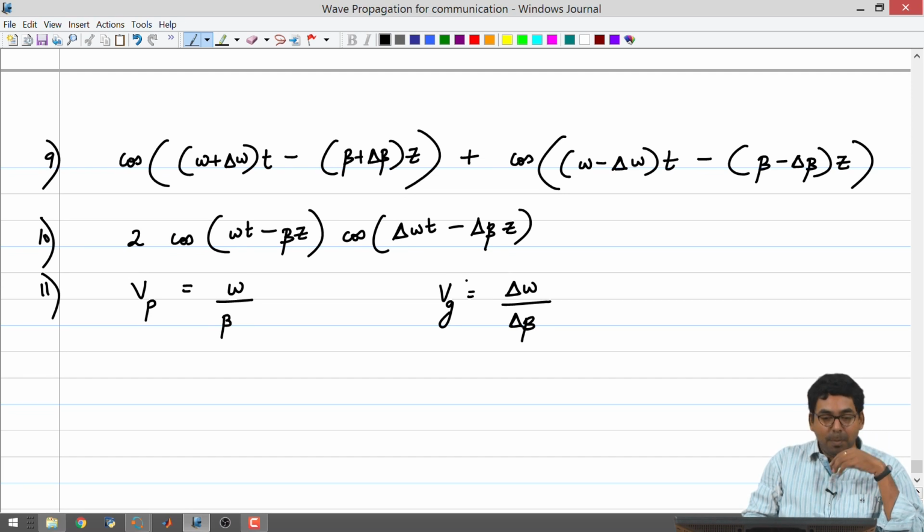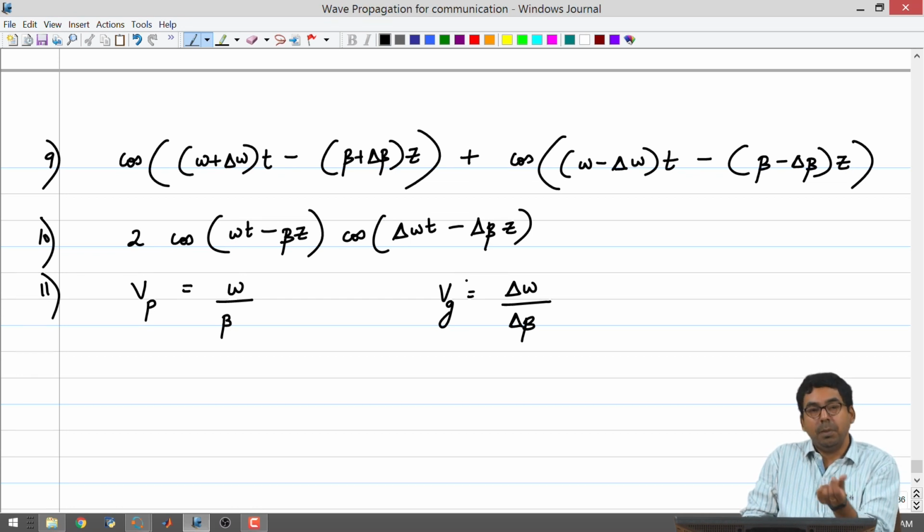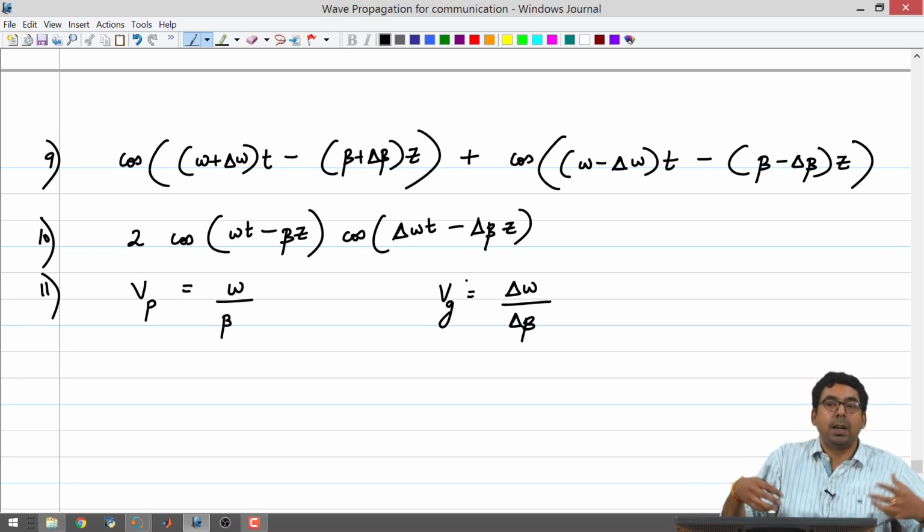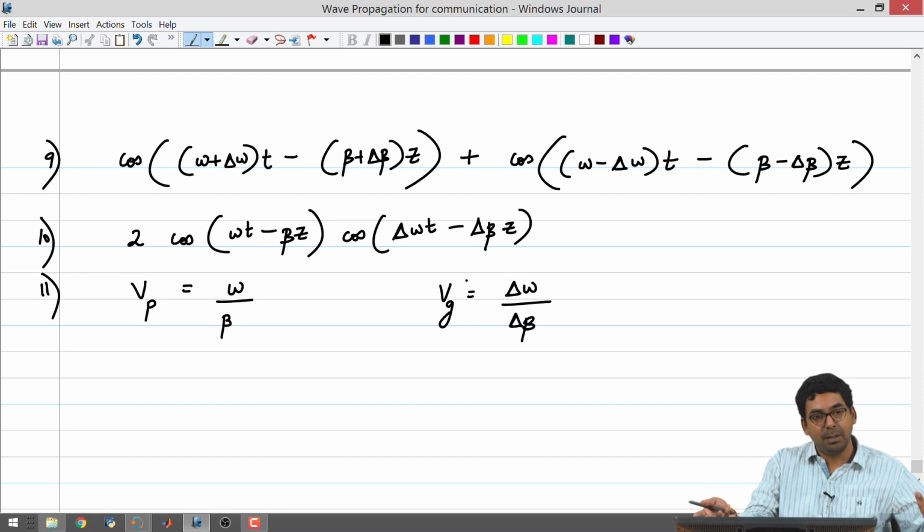So, it is delta omega by delta beta, and you could also choose very small differences in frequencies and wavelengths. For example, your delta omega could be very small, delta beta could be very small. You could mix those two signals and you will end up sending information. Okay.